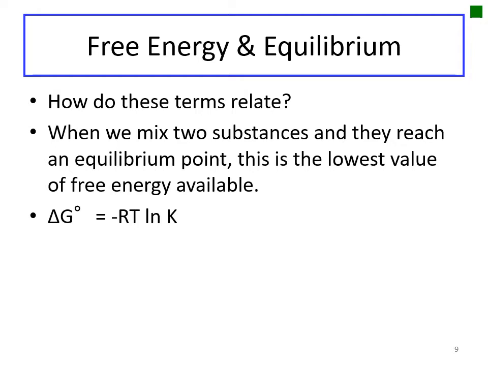All right, can we sort of put all of this together? Well, we can actually put this together and we can do equilibrium. So we need one more equation here. And our final equation here is that delta G is equal to delta G naught plus RT times the natural log of Q. Note the little zero here means standard state.